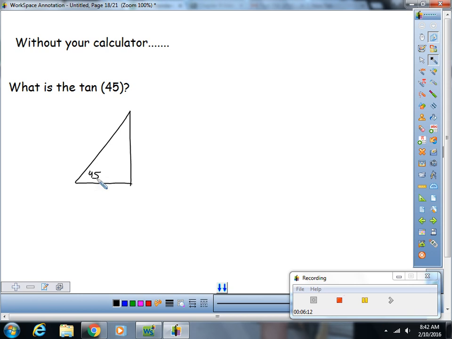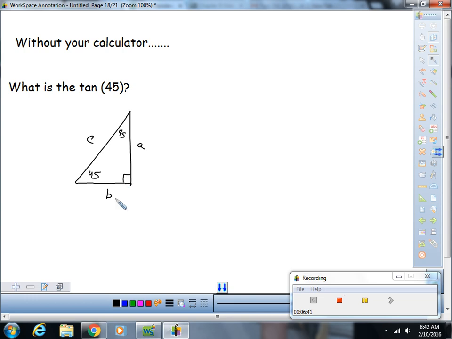So what's the tangent of 45? I can't hear who said it. Sam? What do you think? Do you think it's 1? Okay. You think we only have one value, but what is this? And what's this? Okay.